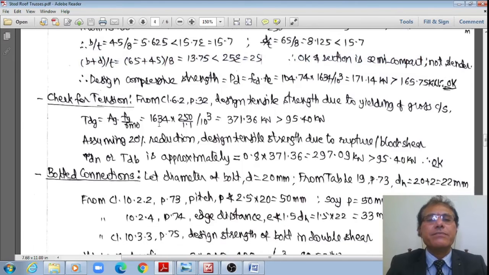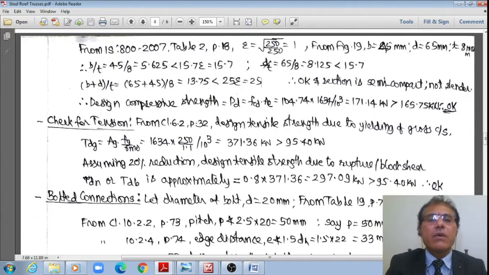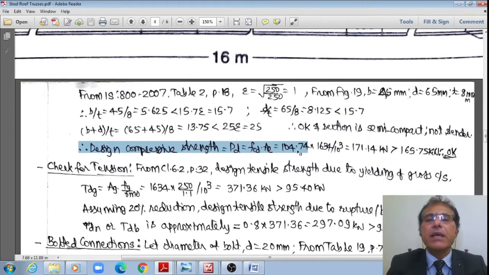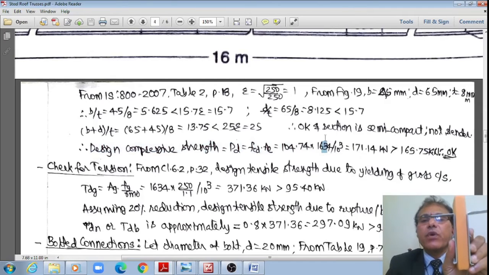Therefore, it is okay. Hence, the design compressive strength, or compression load, or compressive force, all are the same. PD is equal to FCD. Whatever FCD I got is correct. Therefore, it is 104.74 multiplied by the area of these two angles back to back, 1634 divided by 10 to the power 3.